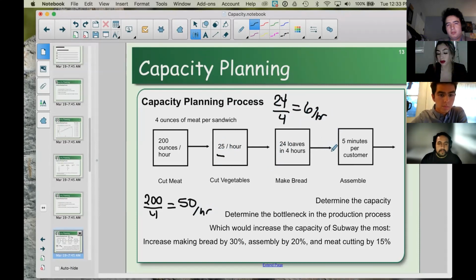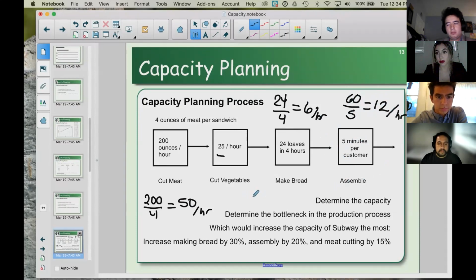Now we have the assembly. Let's assume that it's 5 minutes of assembly per customer. So if there are 60 minutes in an hour, divided by 5 minutes per customer, then we can service 12 customers in an hour. Let's assume each customer is just ordering 1 sandwich.